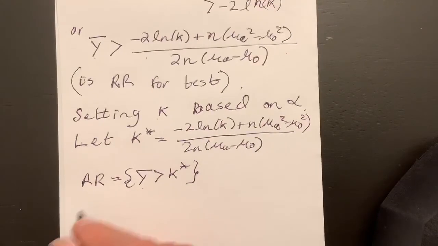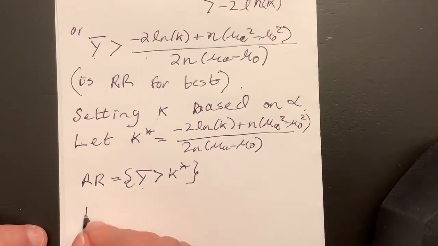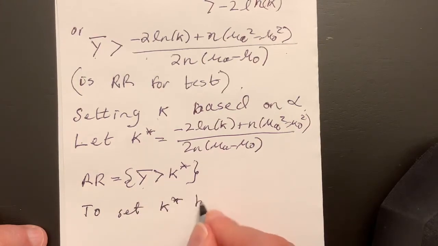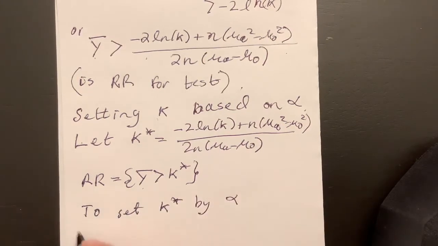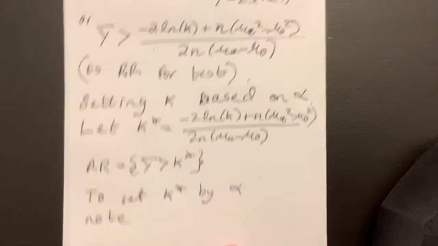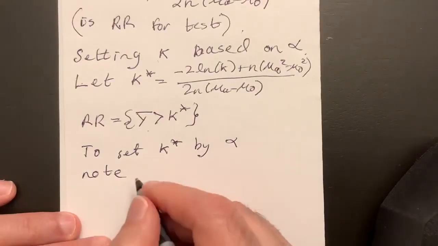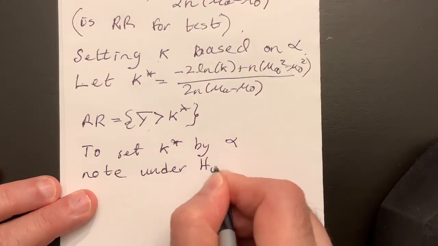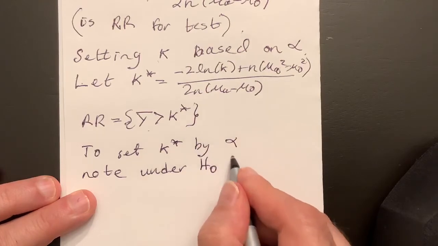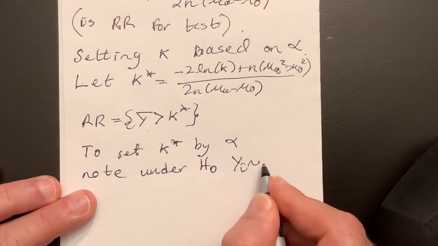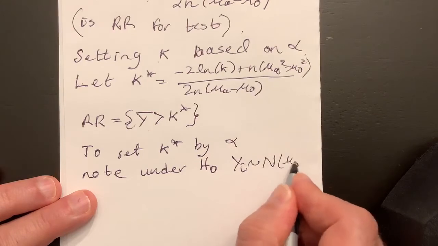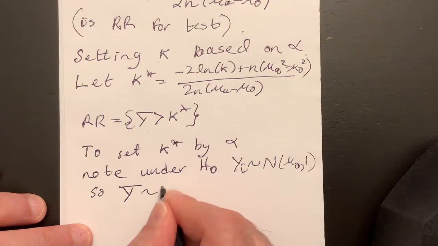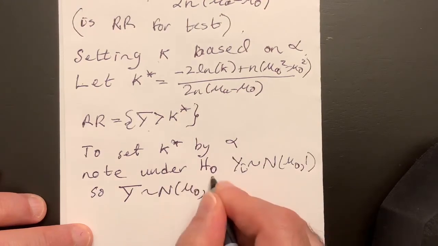Okay, so to set alpha, note that under H0, the outcomes yi are normal, mu 0, 1. So y bar is normal, mu 0, 1 over n.